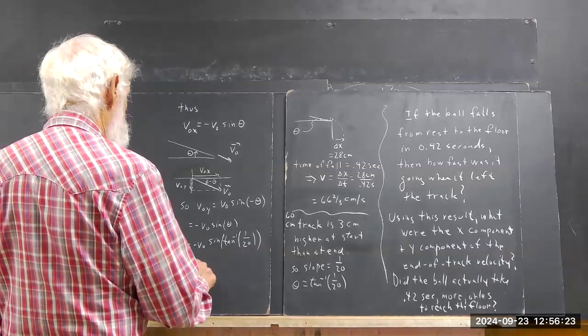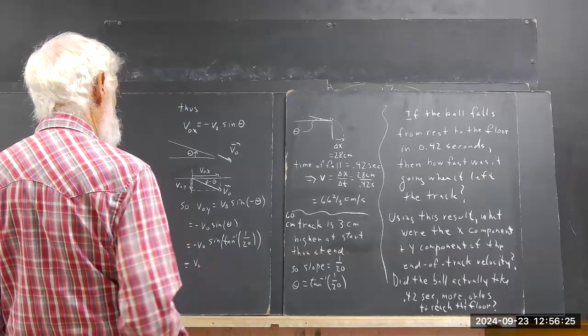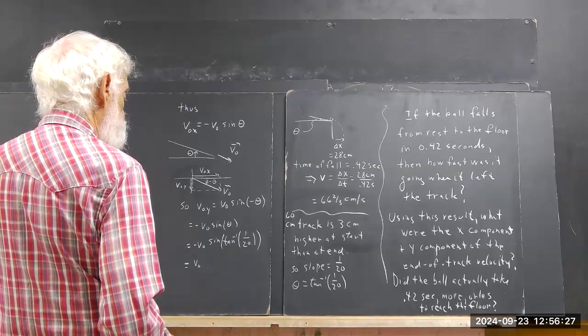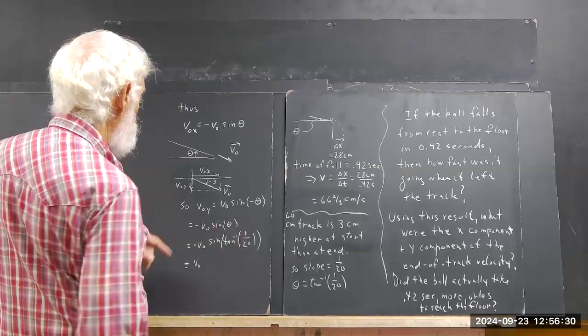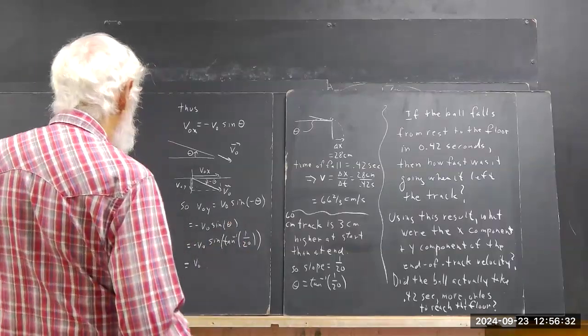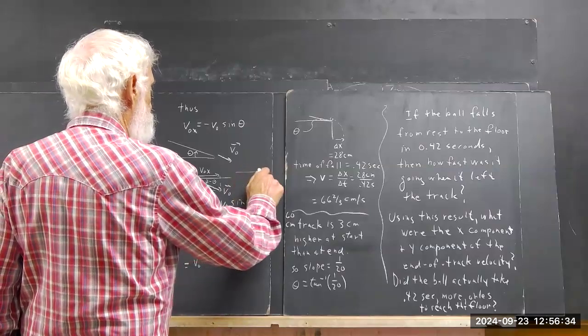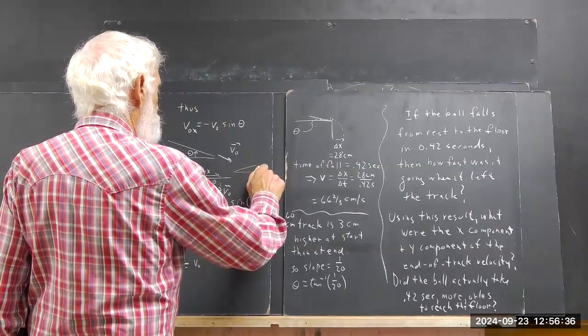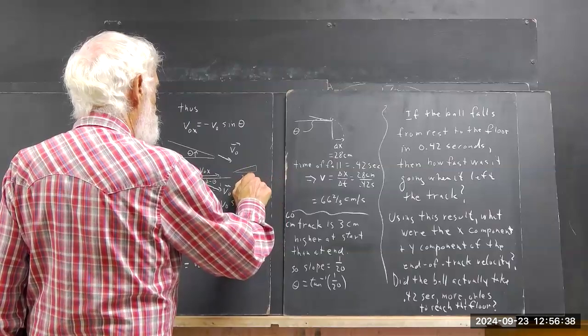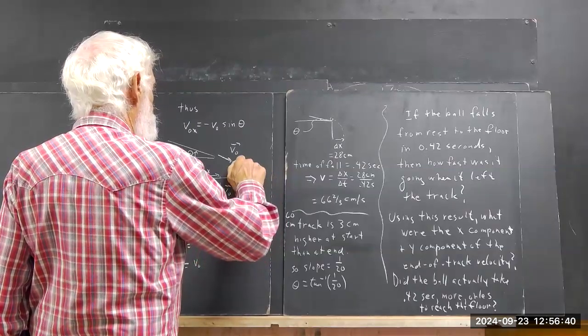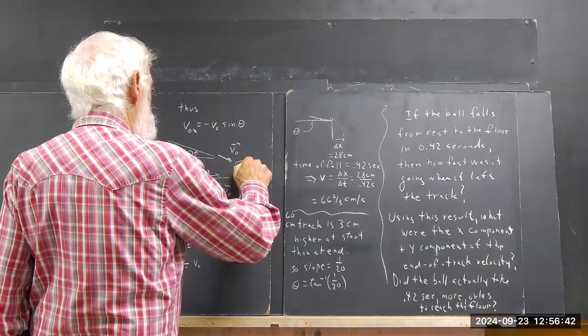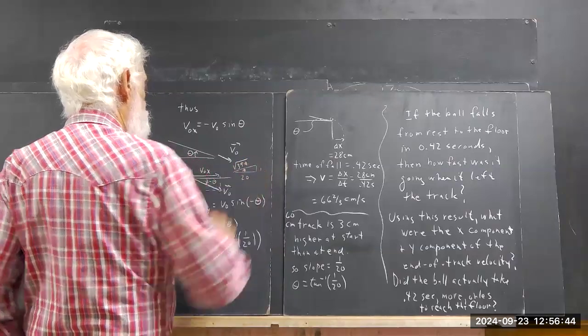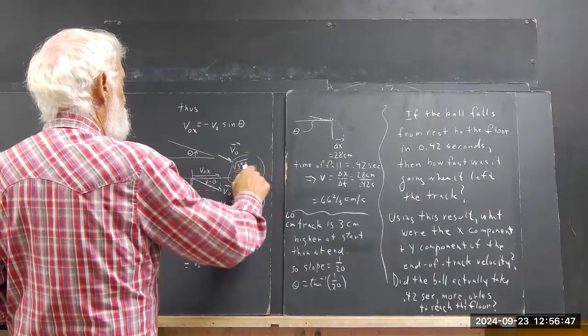Which would actually then be V naught times the sine of the inverse tangent of 1/20th, which is this angle here.